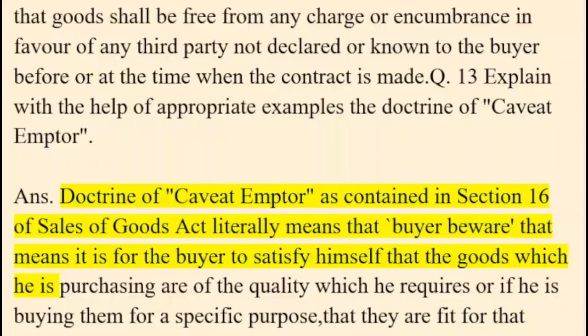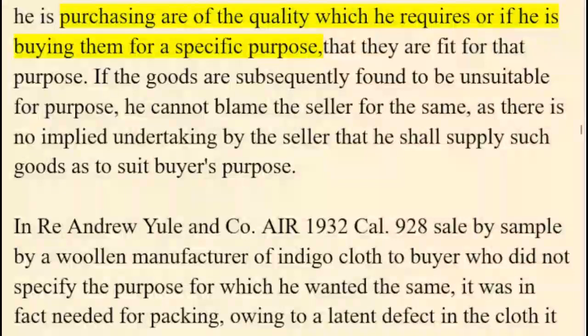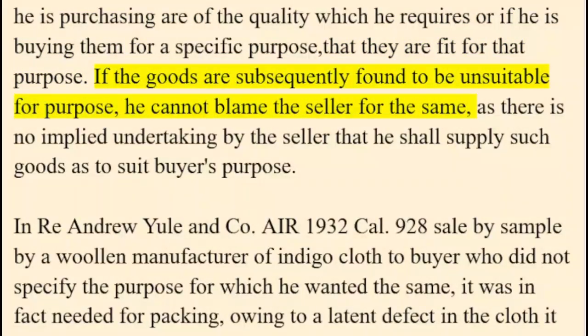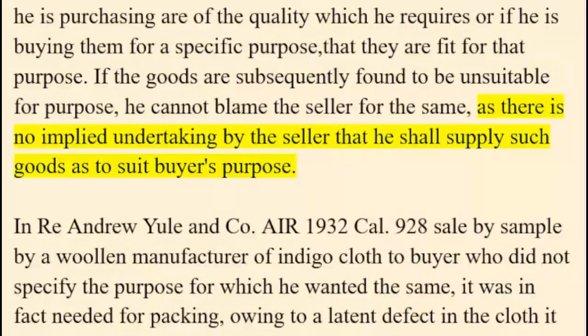That means it is for the buyer to satisfy himself that the goods which he is purchasing are of the quality which he requires, or if he is buying them for a specific purpose, that they are fit for that purpose. If the goods are subsequently found to be unsuitable for the purpose, he cannot blame the seller for the same, as there is no implied undertaking by the seller that he shall supply such goods as to suit the buyer's purpose.